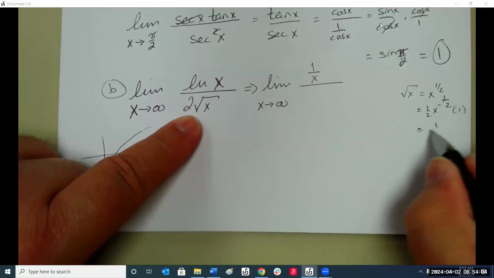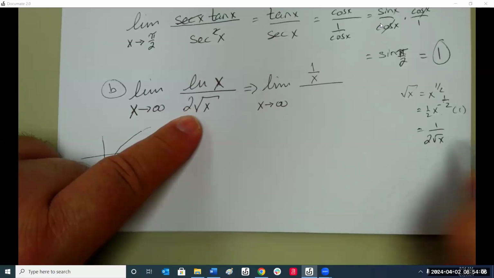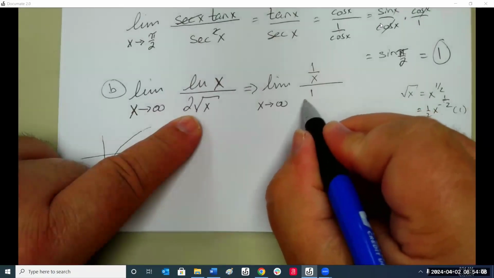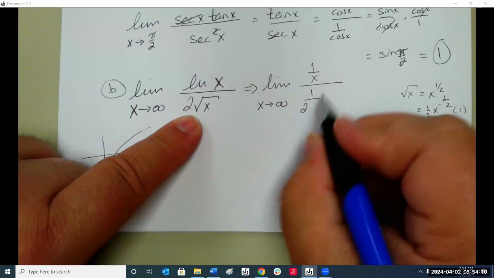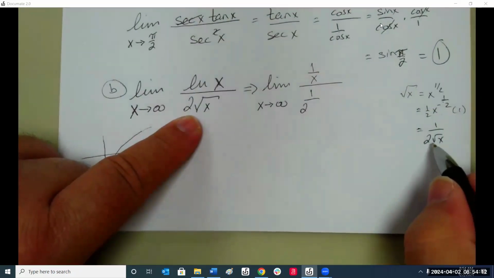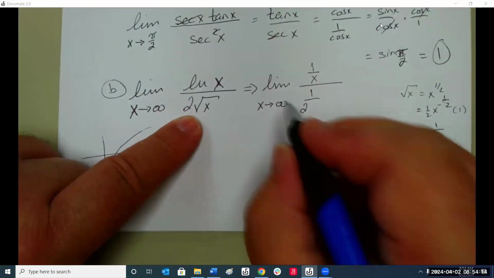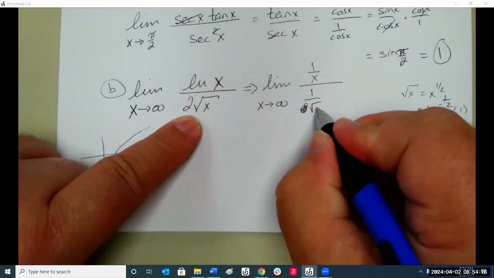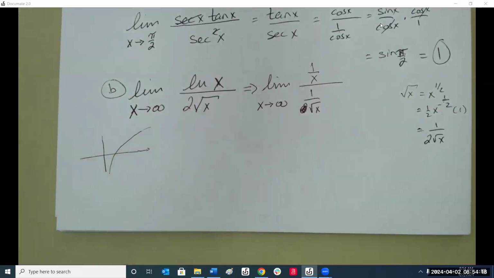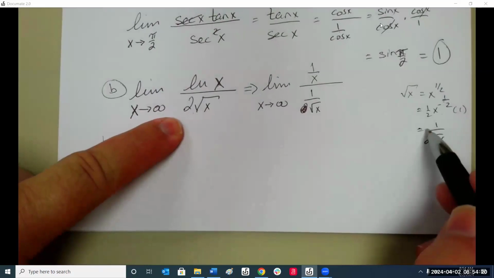So it's 1 over 2 radical x. 1 over 2 radical x times 2, the 2's cancel, because that coefficient is there.